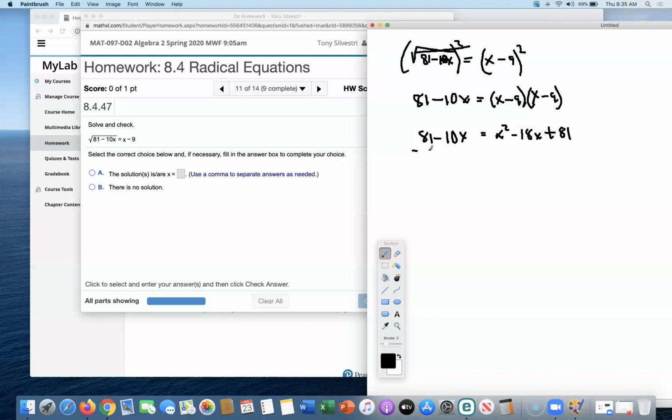Subtract 81, I have to have it equal 0, plus 10x. Equals 0. Great. x squared, negative 18 plus 10 is negative 8, x. And the 81s go away.